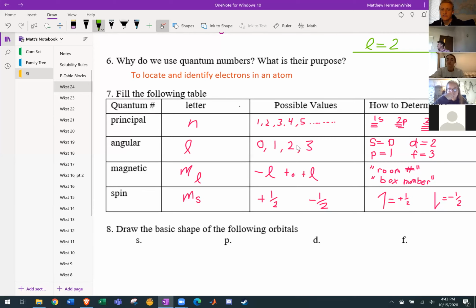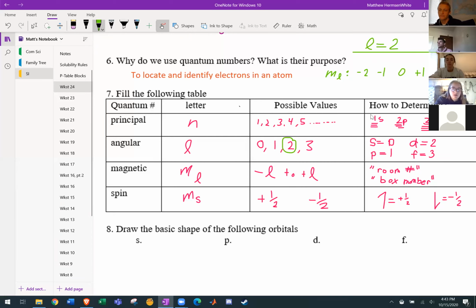First we find the L value, and we found that it was equal to 2 here. That means that ML has to be one of the following: -2, -1, 0, +1, or +2. It's one of those numbers within the range of -2 to +2.